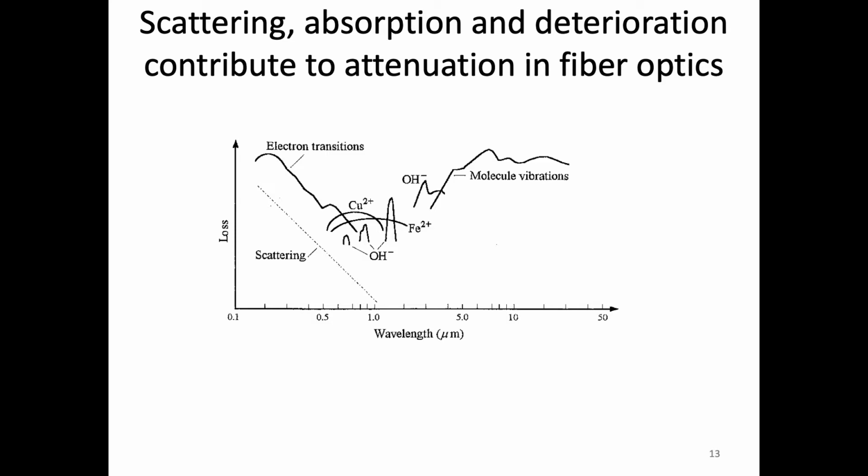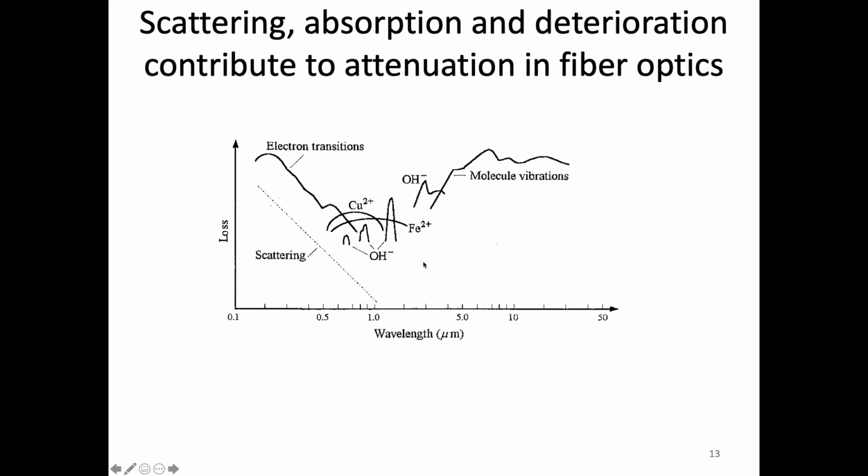Basically, these contribute to the attenuation in fiber optics. This plot shows some of the different losses as a function of wavelength. At very low wavelengths, we tend to get a lot of scattering from electron transitions, so our losses are really high. And at much higher wavelengths, we get a lot of molecular vibrations in the material.